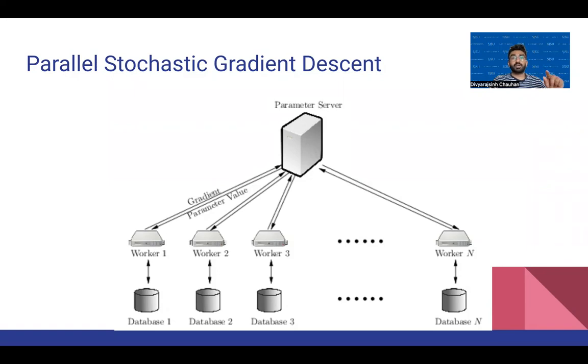So then each of the worker nodes trains its model on its subset of the training data, and once all the workers are done with the training process, all nodes transmit to the parameter server the new model they just trained.